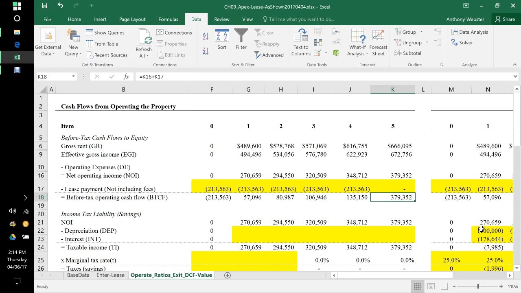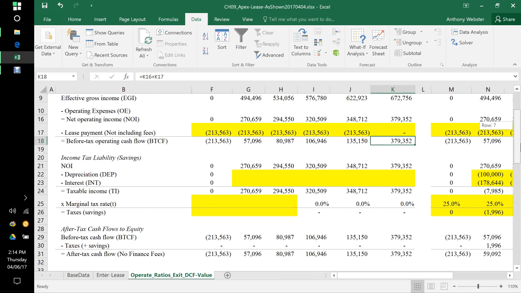So they're not going to make that payment. So I want to put 0 in there, which, as we note, increases their before-tax cash flow by a big blob. Okay, now we're ready to get the tax on operations.